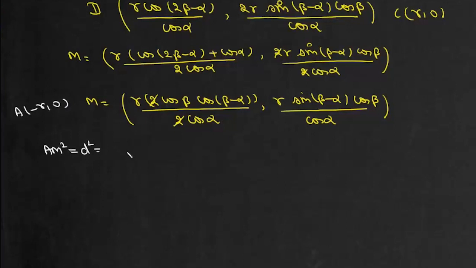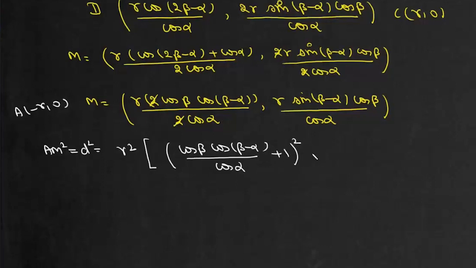So it will be this r square, and here we'll have cos beta minus alpha upon cos alpha plus 1 whole square, and plus sine beta minus alpha cos beta upon cos alpha whole square.